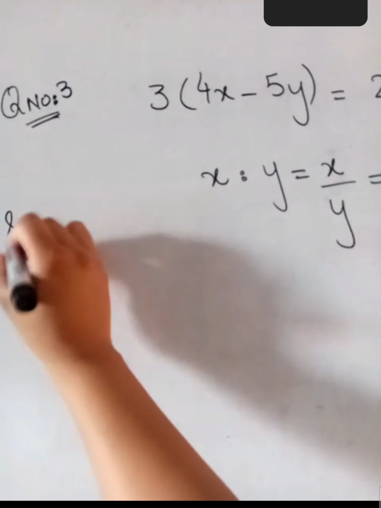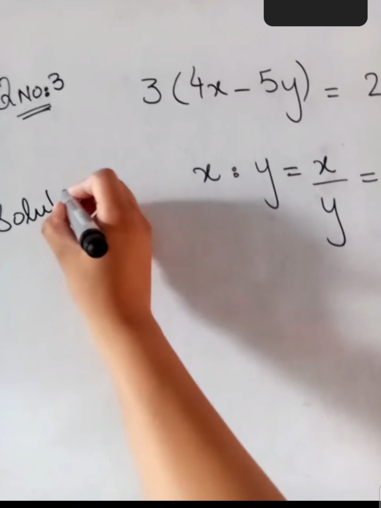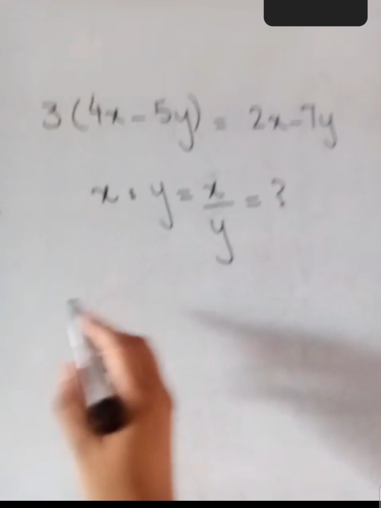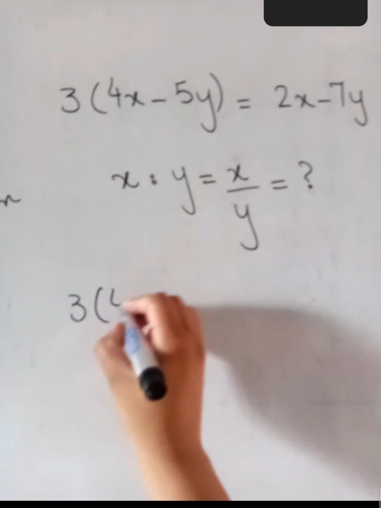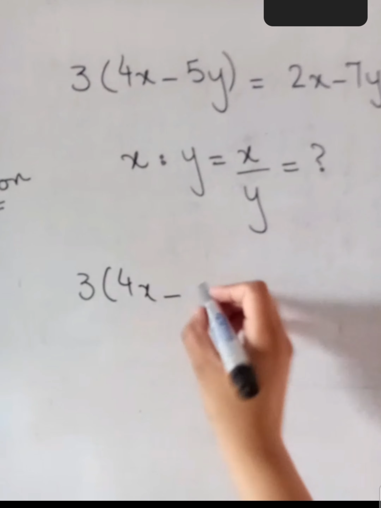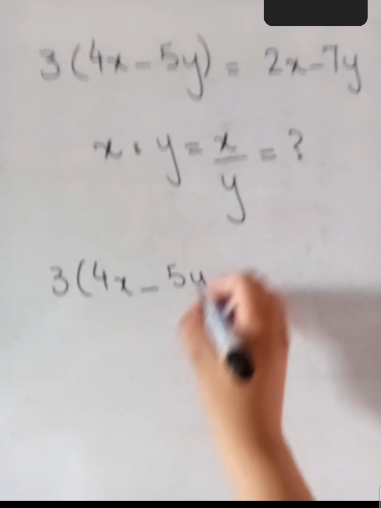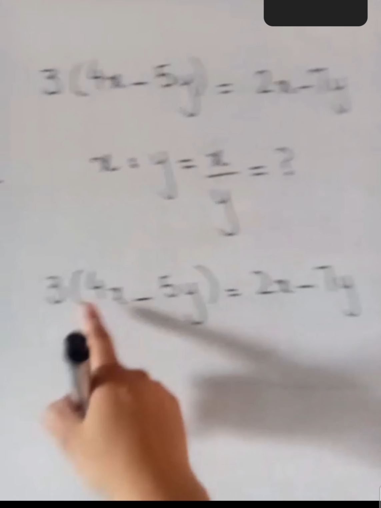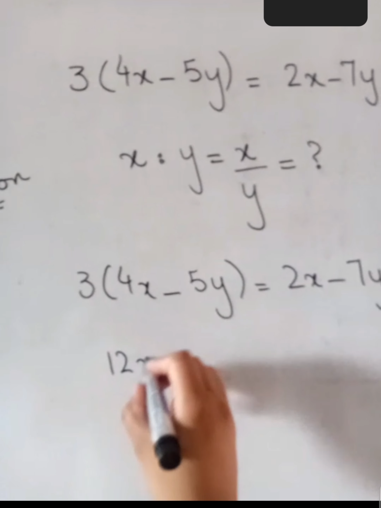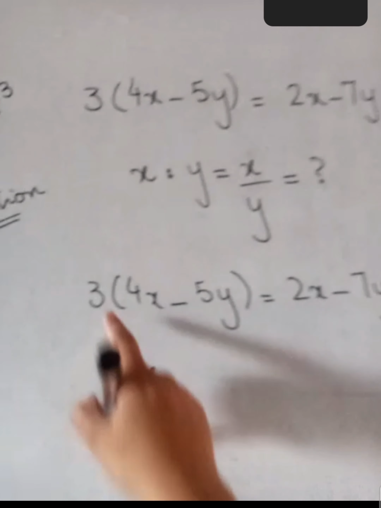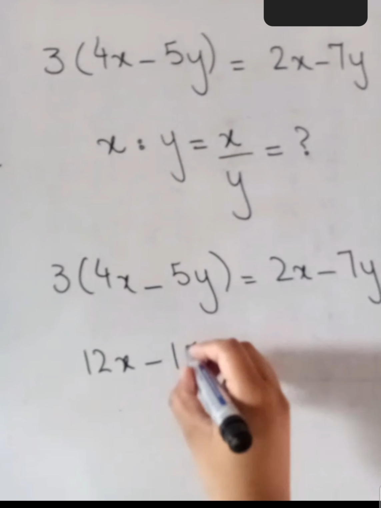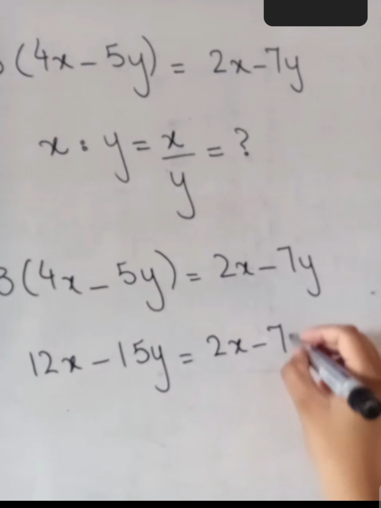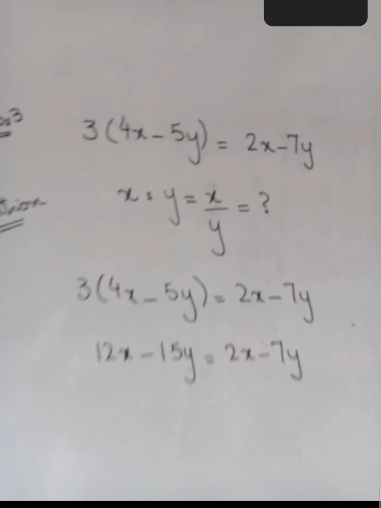Come towards its solution. 3 times (4x minus 5y) is equal to 2x minus 7y. 3 times 4 is 12x. Simplify them, multiplication, that is the product here. Minus 5 times 3 is 15y, is equal to 2x minus 7y.